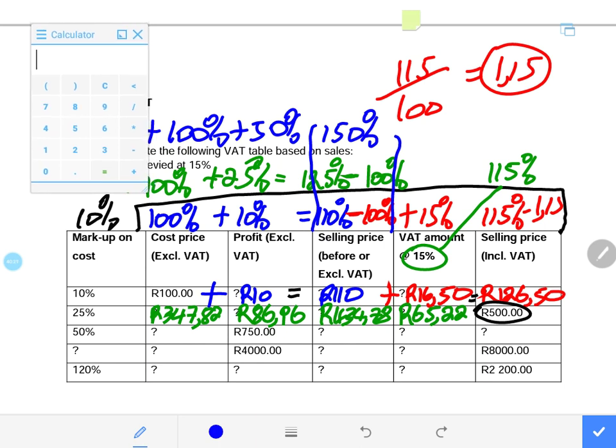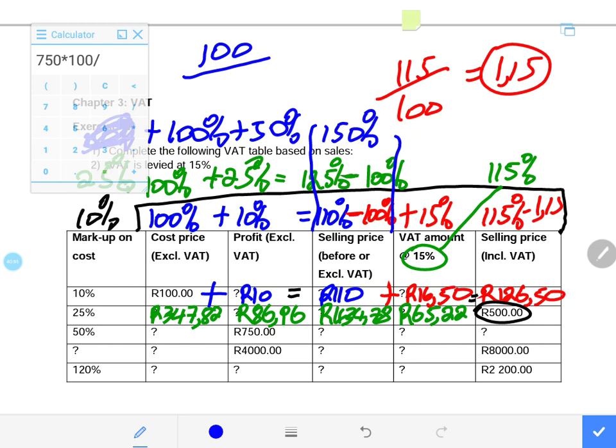The amount we have is 750. The percentage of 750 is 50% because the markup is 50%, and that is what we call the profit when we multiply it by the cost price. So now we divide by the percentage of the amount that we have, and this is 50%.